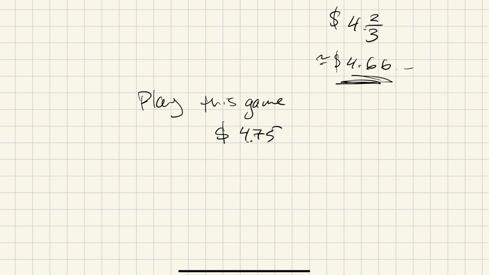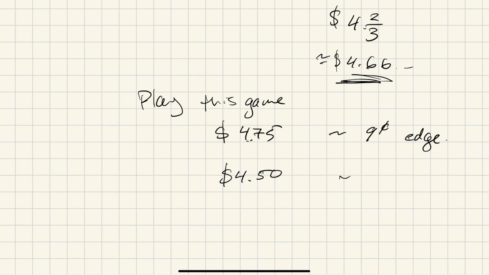So on average, the house will get about 9 cents as their house edge, right? Likewise, if the casino says, "Oh, you only have to pay $4.50 to play this game," then yeah, I'm going to want to play this game as much as possible, because on average, I'll make about 16 cents per play.